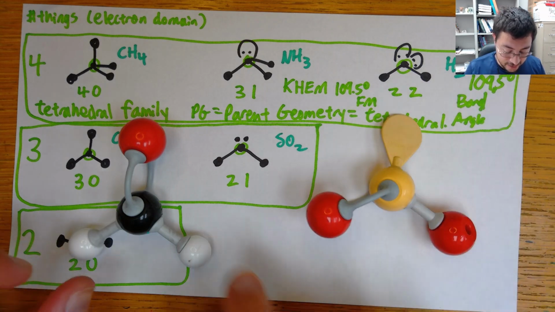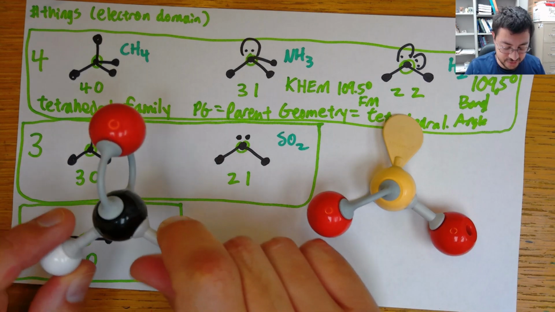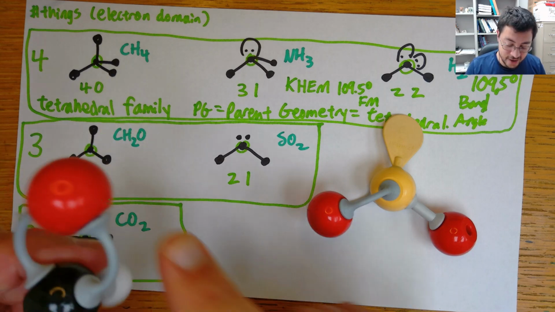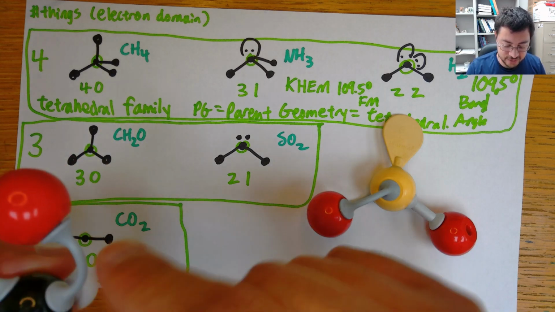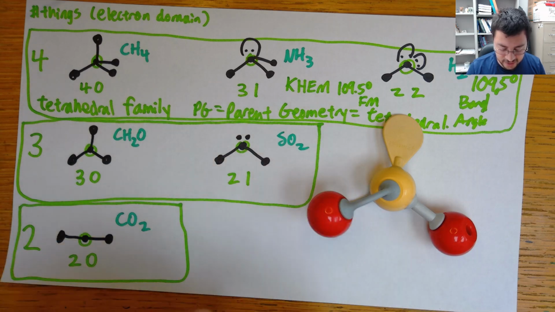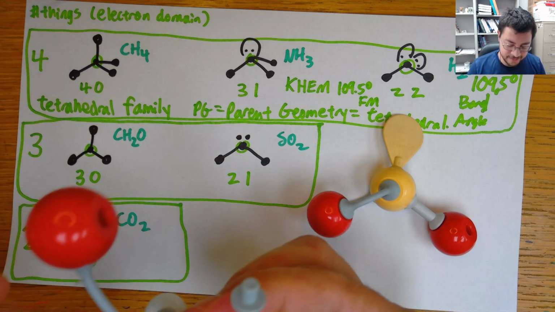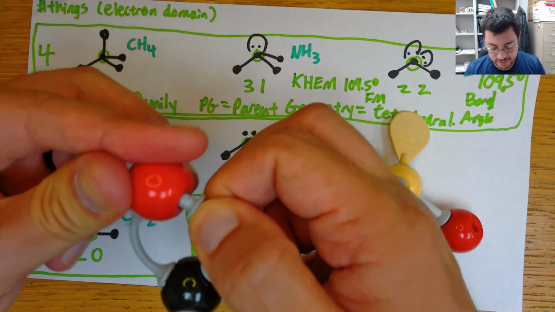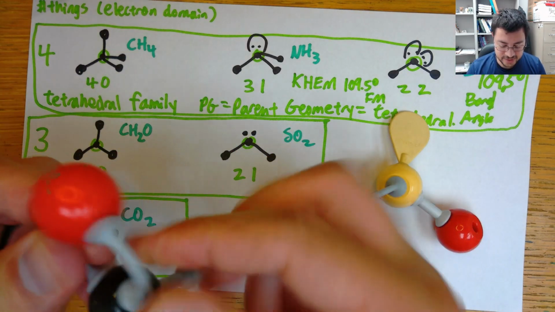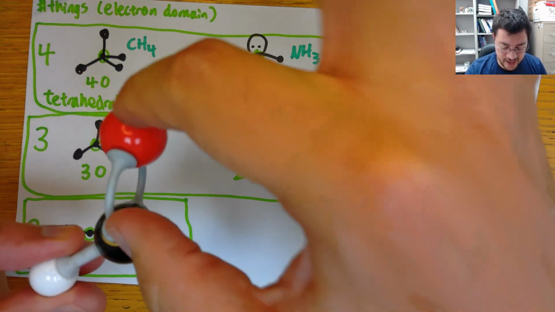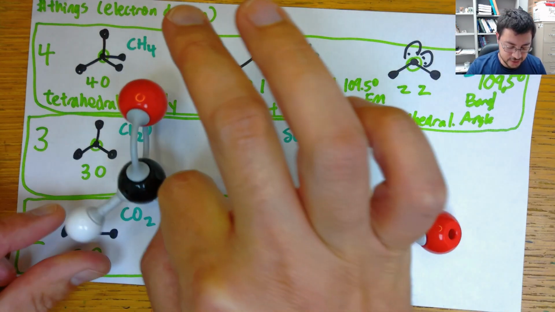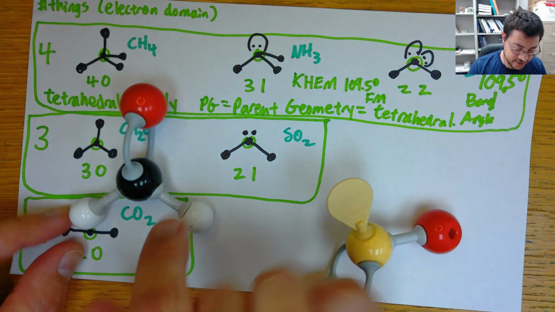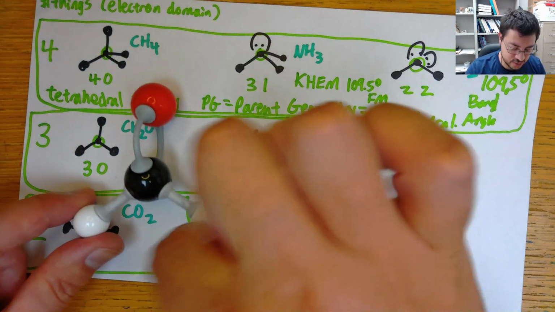So here's my formaldehyde, CH2O, carbon, hydrogen, and then oxygen. This is where those double bond tools come in, those bendy ones. By having them bendy, you're able to connect two bonds to it, and then you end up with that double bond. So carbon, oxygen, double bond, and then two hydrogens, and then we get this sort of shape.